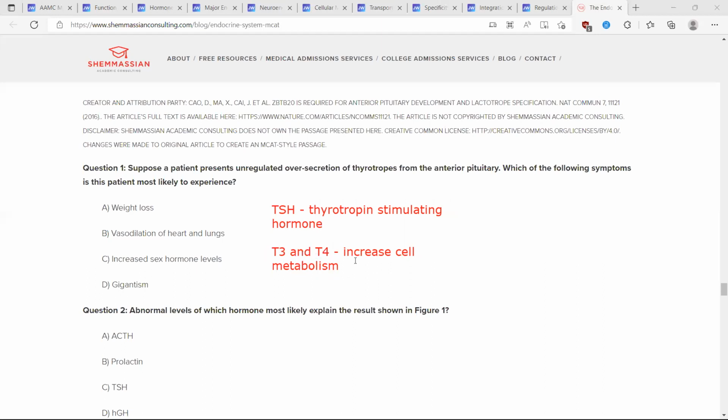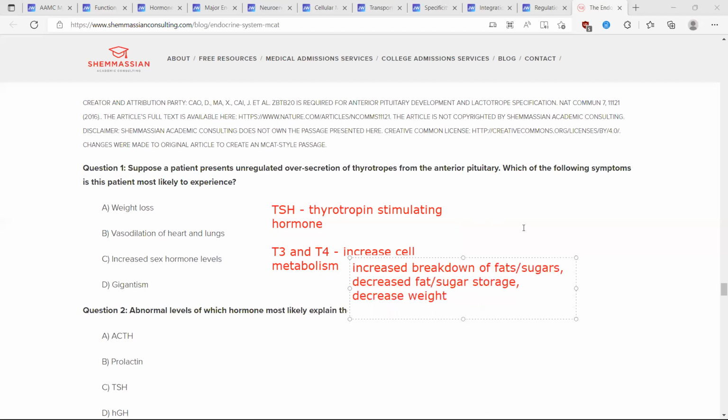So if we have increased cell metabolism, then we have increased breakdown of fats and sugars. And if we have increased breakdown of fats and sugars, then we have decreased fat and sugar storage, and then we would have decreased weight. So that's my logic for this.